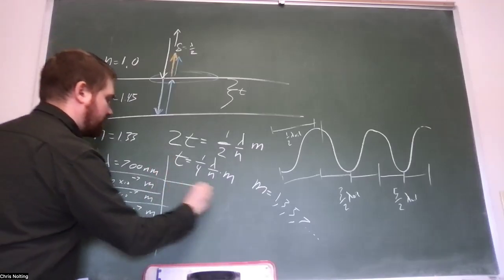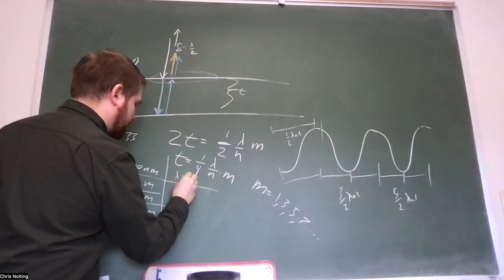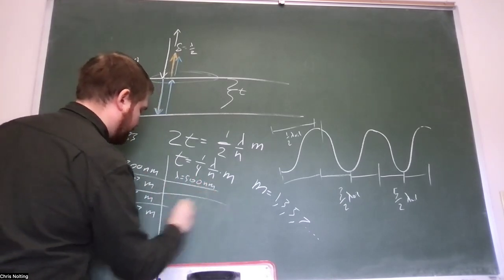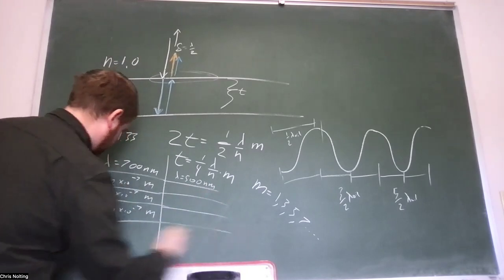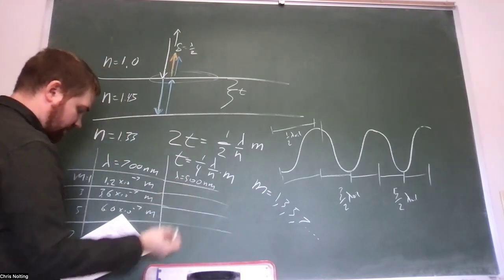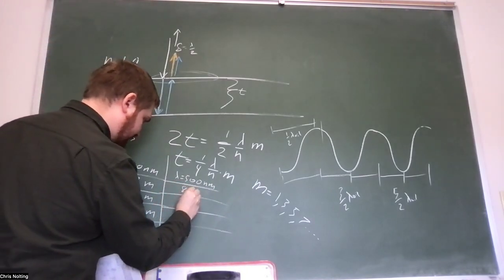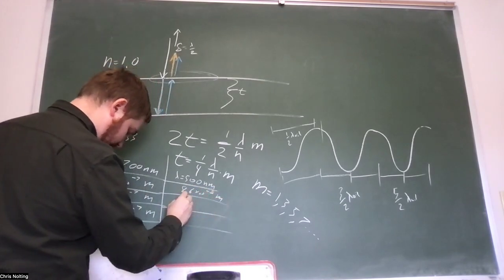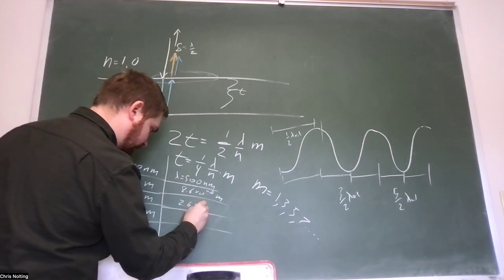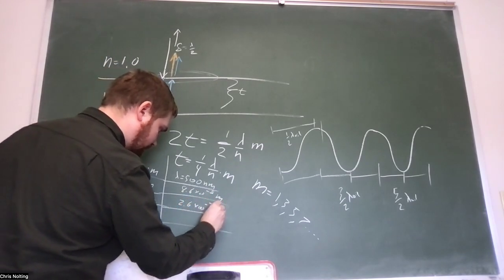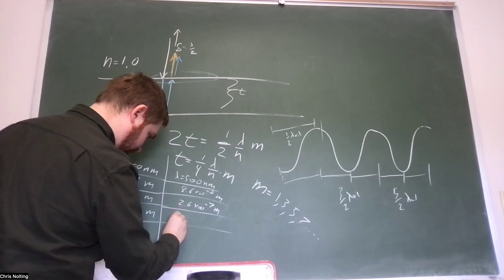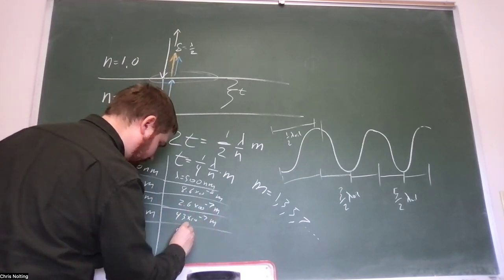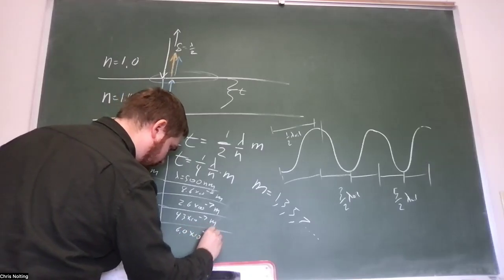And then we could do the same thing again, but for the other wavelength that we had. So 500 nanometers light. And say for M equals 1, we'd get 8.6 times 10 to the minus 8 meters. We'd get 2.6 times 10 to the minus 7 meters, 4.3 times 10 to the minus 7 meters, and 6.0 times 10 to the minus 7 meters.